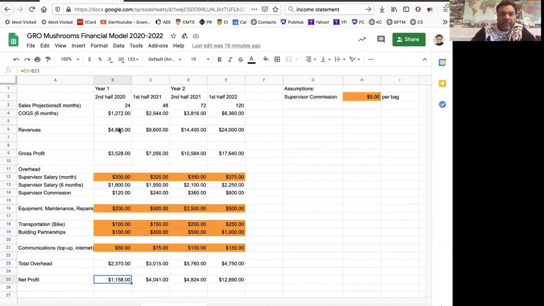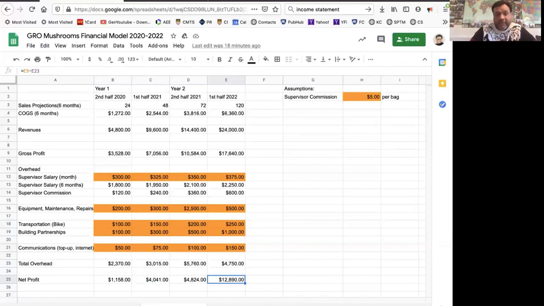You subtract the cost of goods sold, and then you subtract your overheads, and you get your net profit. And then we do the same for the second time period, the third, and the fourth. And you can see how over time, the first year we're making about $1,000, followed by $4,000, $5,000, and $13,000 as we've established operations and we are ready to scale up, right?